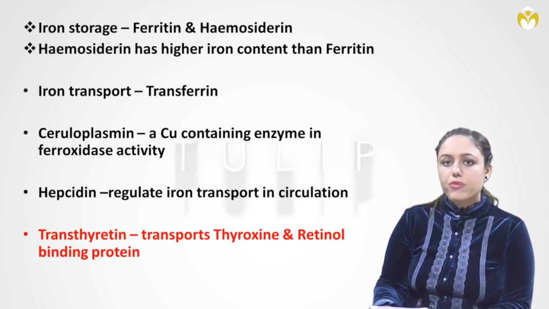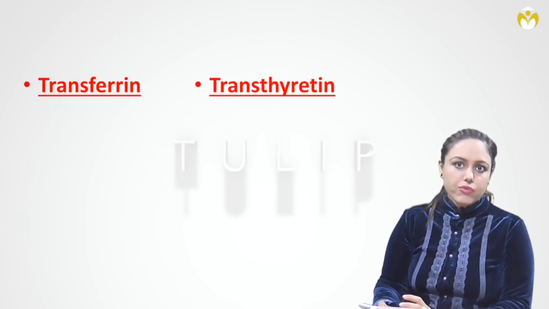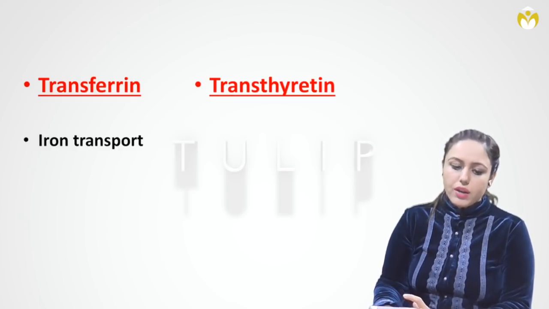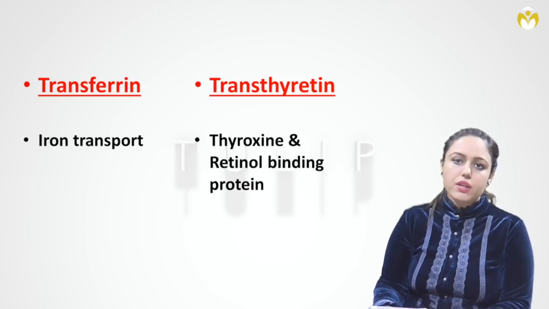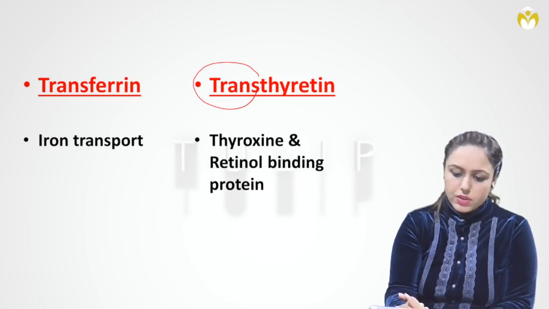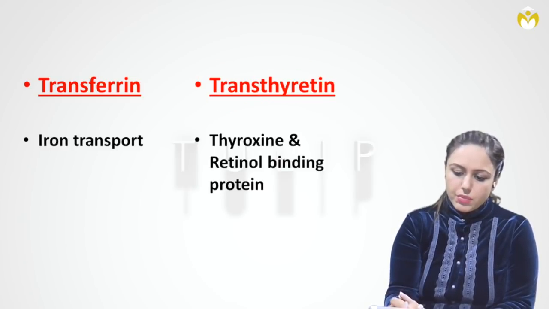It is required for the transport of thyroxine and retinol binding protein. So these two terms are confusing, transferrin and transthyretin. Transferrin is for iron transport, transthyretin is for thyroxine and retinol binding protein transport. See the name transthyretin: trans for thyroid and retin.